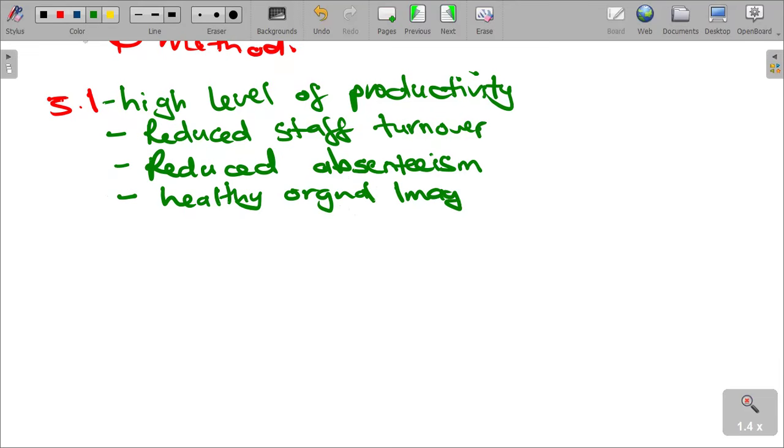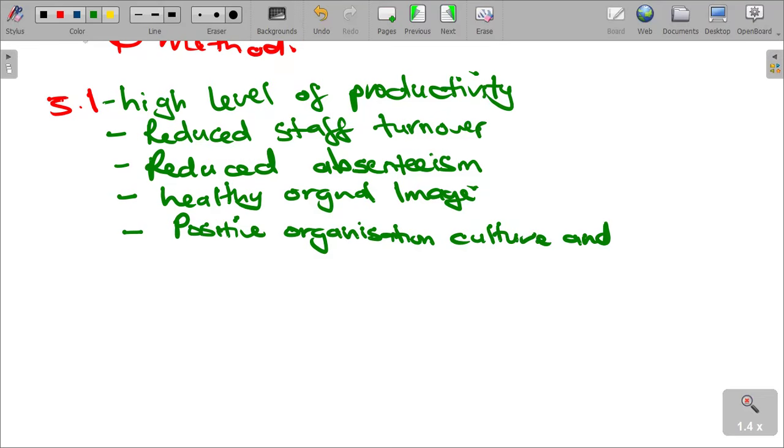It shows that people are satisfied with their job, and eventually a positive organizational culture and climate. It shows that employees are happy at work. They are satisfied with their job.